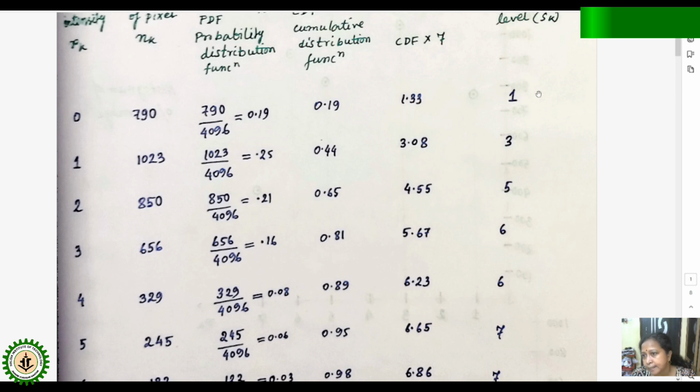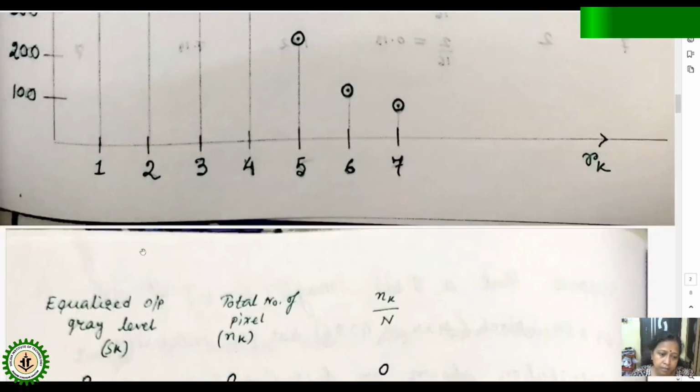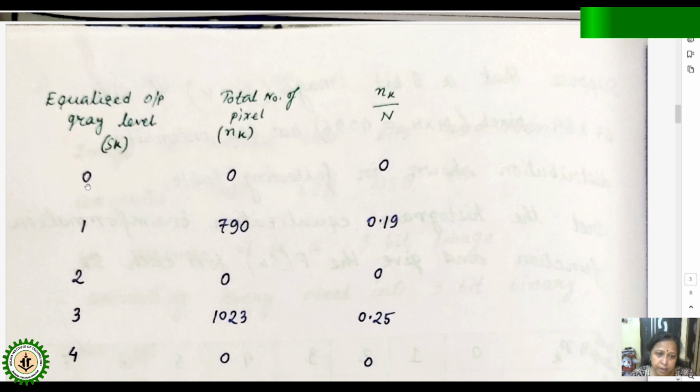In the output gray level, there is no pixel whose intensity is 0 now. So for equalized output gray level 0, the total number of pixels is 0.